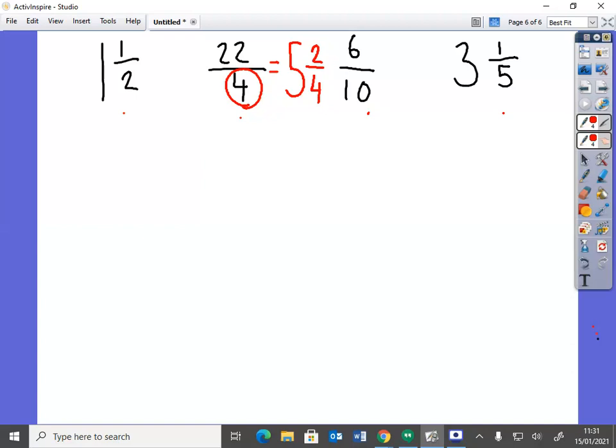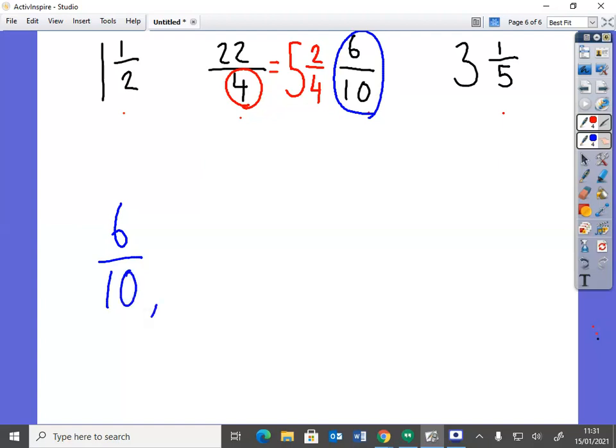The reason for that is because I can now just compare the whole number parts of these fractions. This fraction, 6/10, is less than 1. It's not 1 and 6/10, it's not 2 and 6/10, it's not 3 and 6/10, it's just 6/10 of 1 whole. So that one is a smaller number than 1. So that must go first.